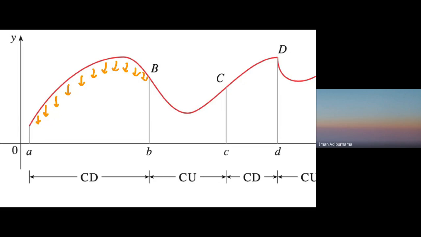For me, visuals can be more than words. I can understand more clearly from visuals. Sometimes when I read the definition in words, I feel confused. But when I draw the graph, I think it's a better picture to learn. So you can see this is going down, and then from B it's going up, and we call it upward.